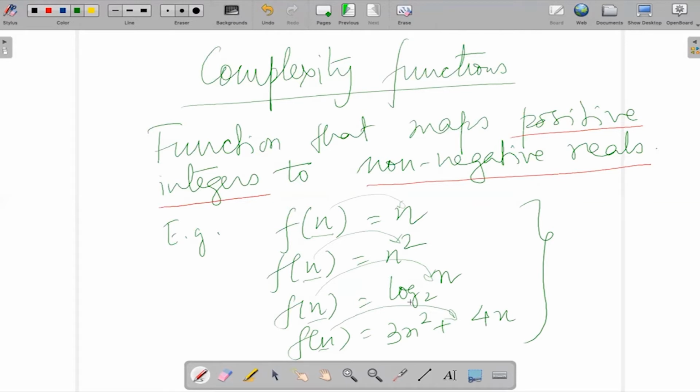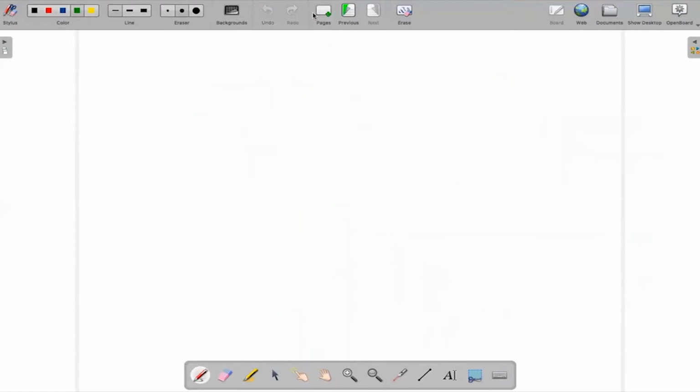Typically, standard notations of complexity functions are, of course, this is not sacrosanct, you can use your own notations, but typically we will refer to complexity functions by denotations like Fn, Gn, etc. Now moving a little further ahead, we try to define some more concepts.